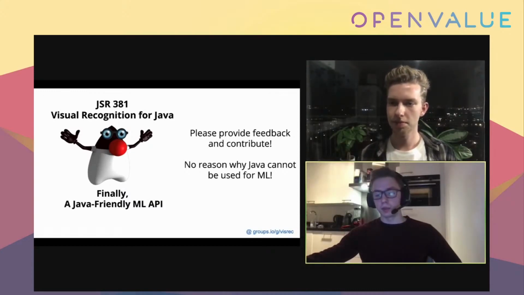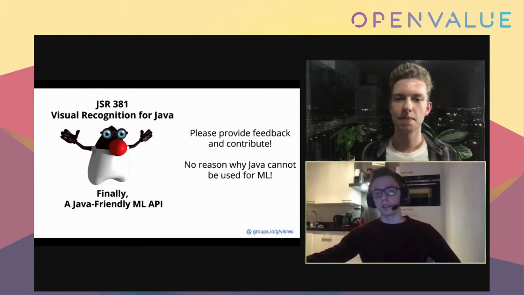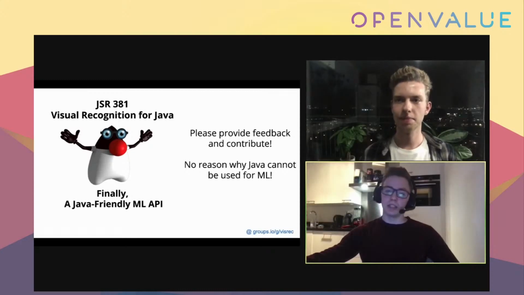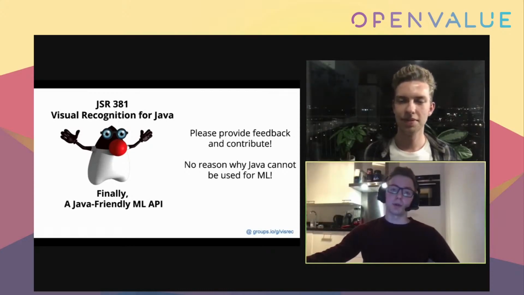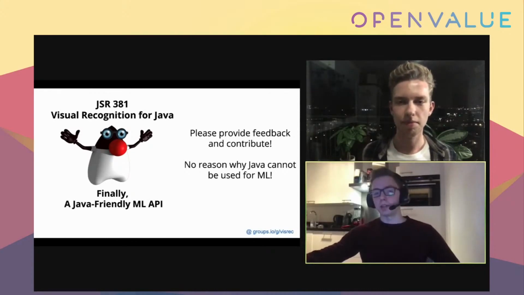We also think it's important that we start working on open standards, for example for the models, so that the models you create with this engine can also be used by, for example, TensorFlow and Python. We're talking about the ONNX format.